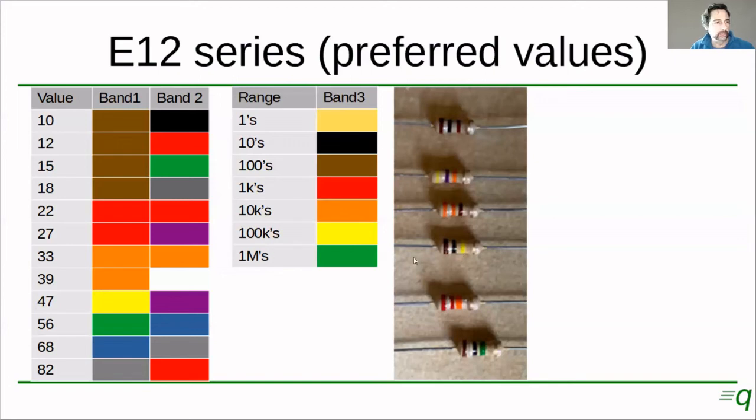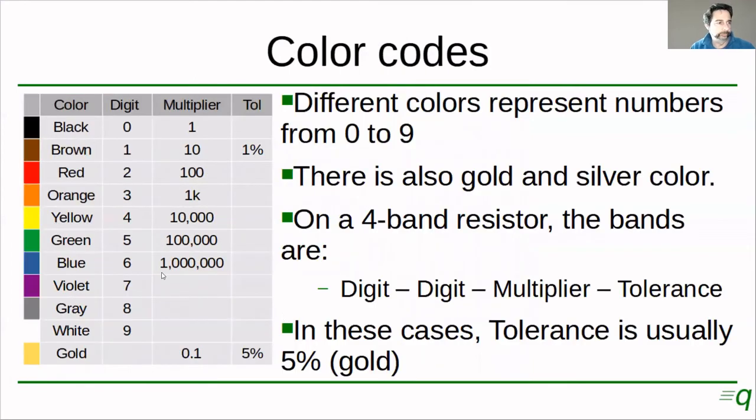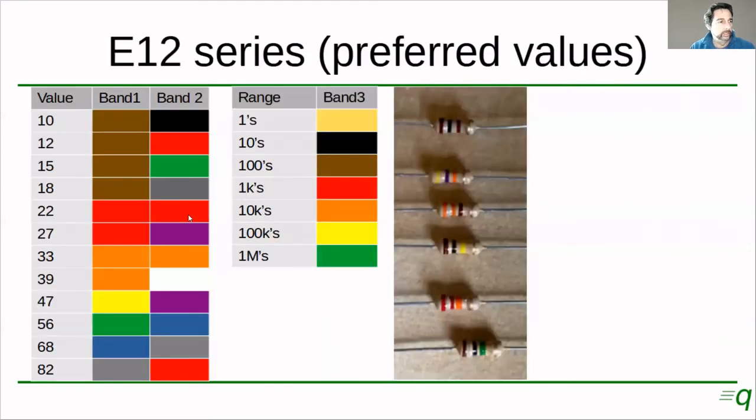But if you want to check it, the brown, black means 1, 0, right? And then the yellow means that the resistor is in the 100K range. Actually, if you go back to the previous table, the multiplier is 10,000. So this means 1, 0, and 10 times 10,000, that's 100K.